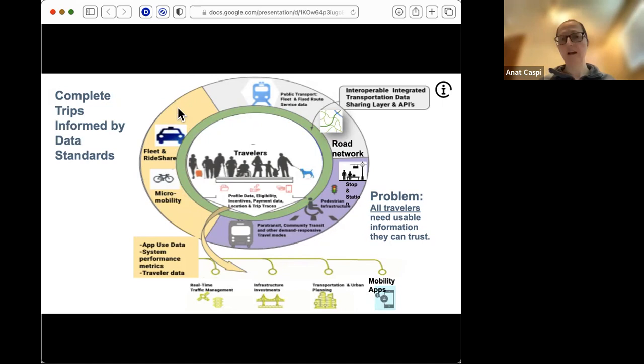There's a lot of effort out there to standardize all of these, particularly by municipalities who want to say, look, if you're going to provide your services in our city, you have to share your data so that we know where people are, how travelers are actually using these services, whether it's efficient, whether there are travelers that are being excluded. All these questions come up for municipalities, and they want this kind of data.